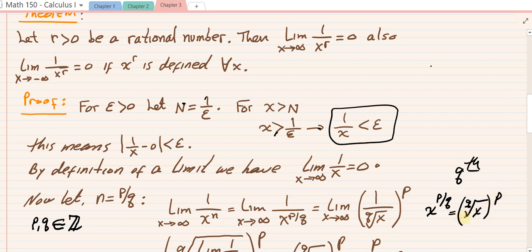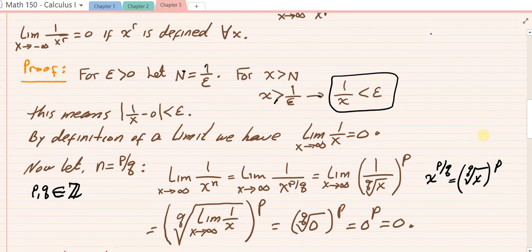That's what that is. So I'm using that property here, and this is q. To find that limit, a limit of something to a power is, in this case, the qth root of the limit of 1 over x to the p power.